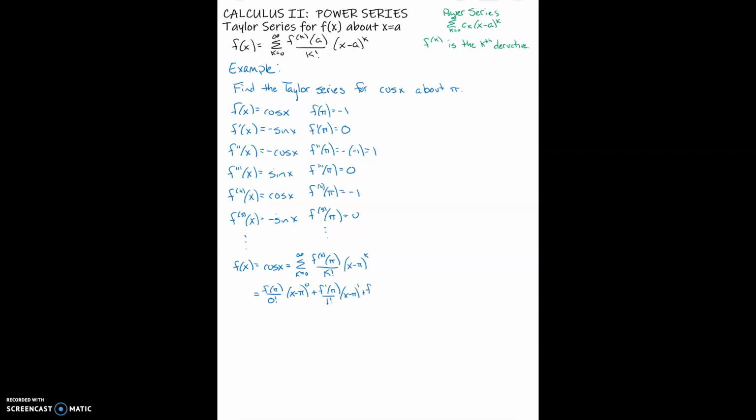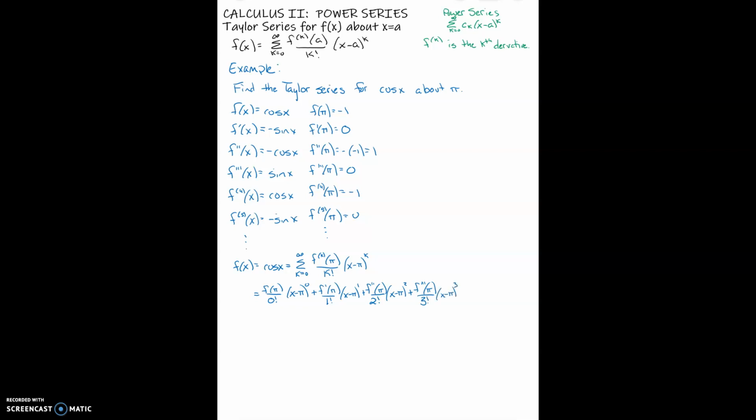When k is 2, we have the second derivative over 2 factorial, x minus pi squared. K is equal to 3, it's the third derivative over 3 factorial.